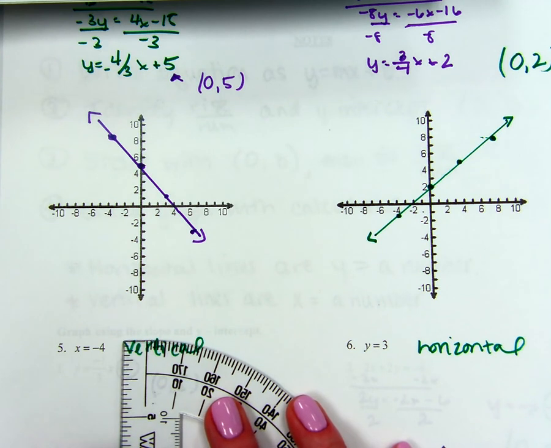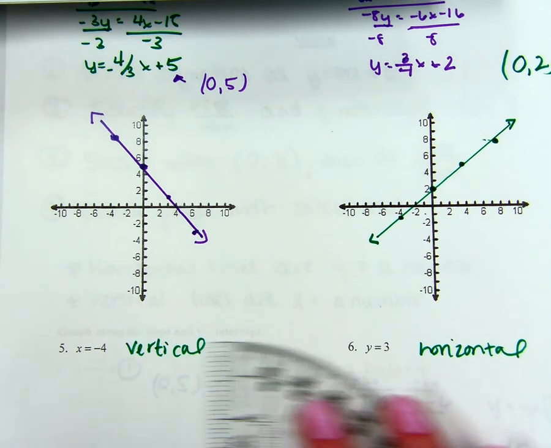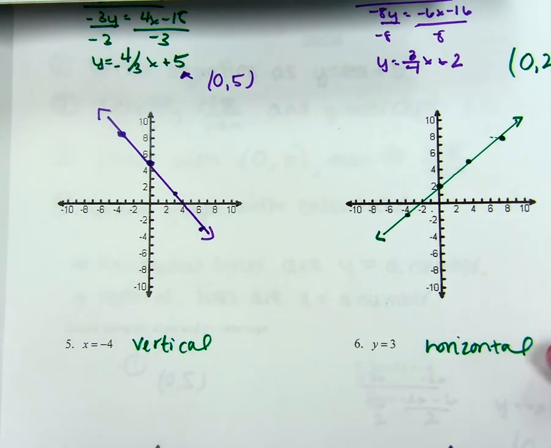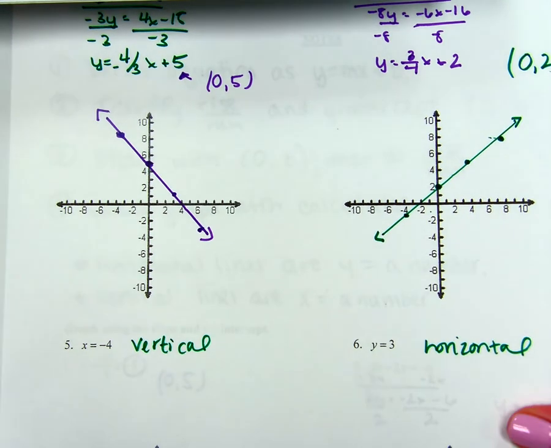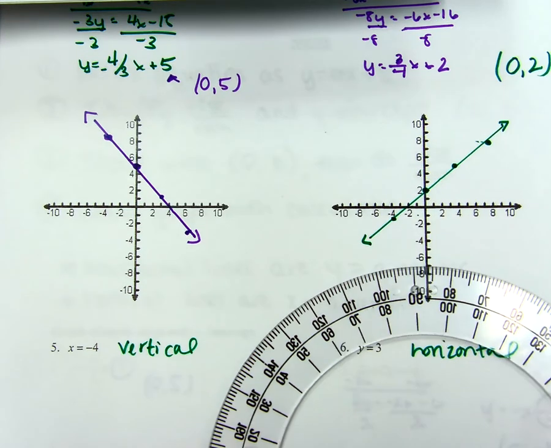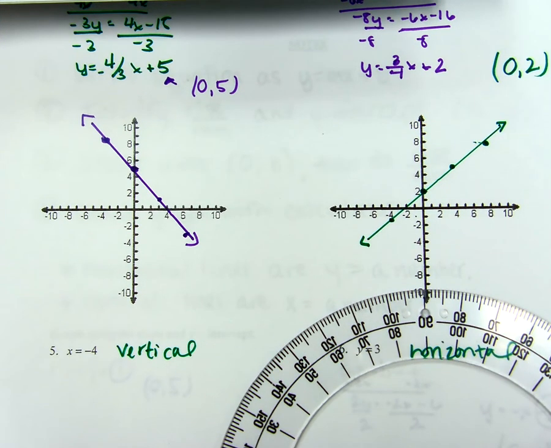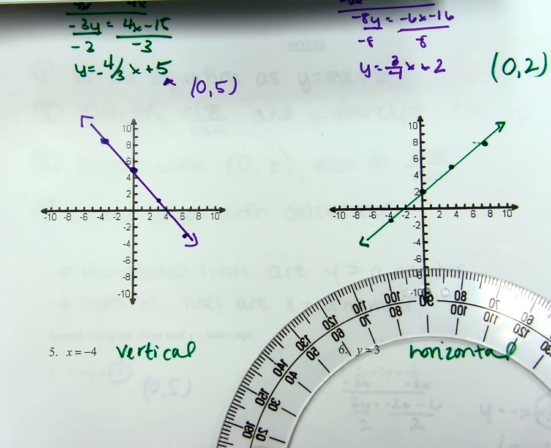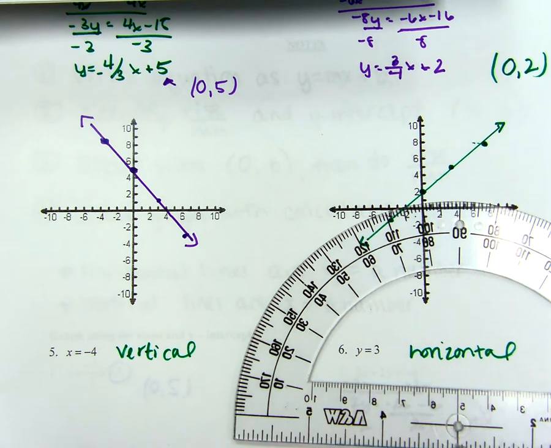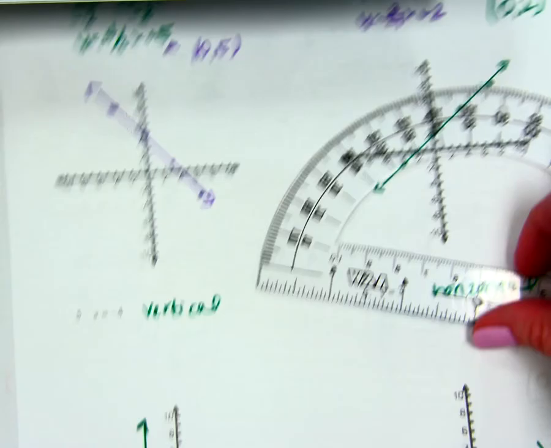There you have it. Same thing with our horizontal, y equals 3. We look on our y-axis for our 3, plot our point, and then draw in our straight line. Sorry guys, you couldn't see those, but there they are.